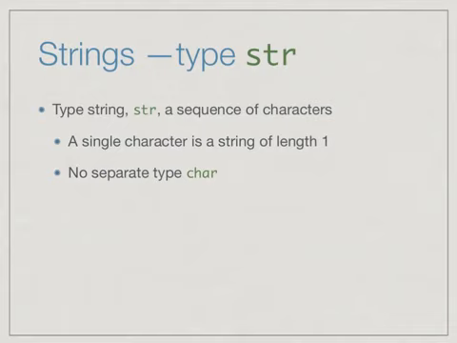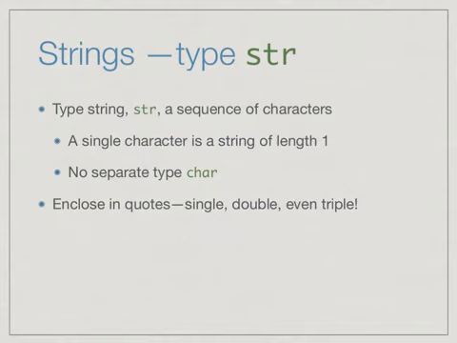So there is only one type for text in Python, which is string, and a single character is indistinguishable from a string of length 1. So there are not two types of things. It's not that we have single characters and then a string is a sequence of characters. A string is a sequence of symbols, and one symbol is just a sequence of length 1.